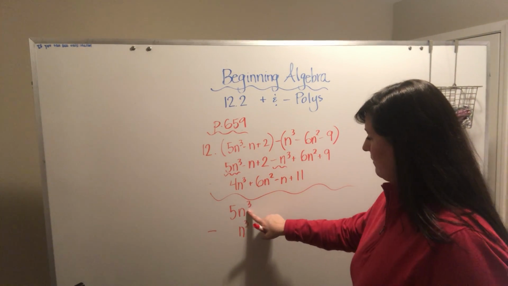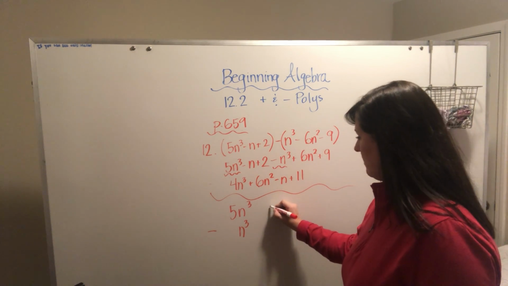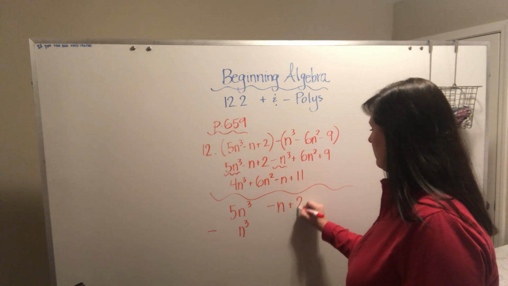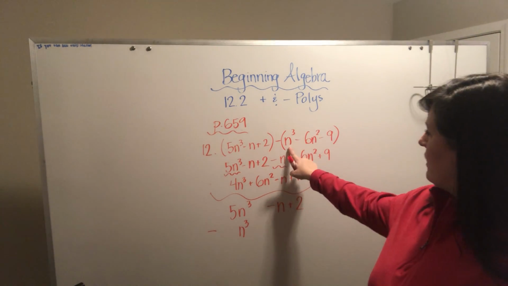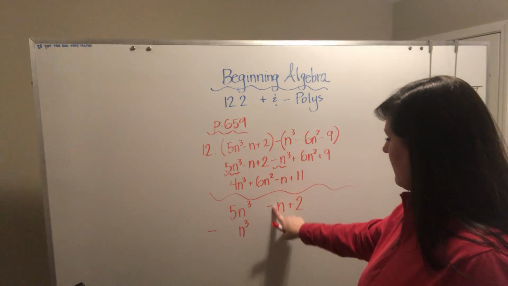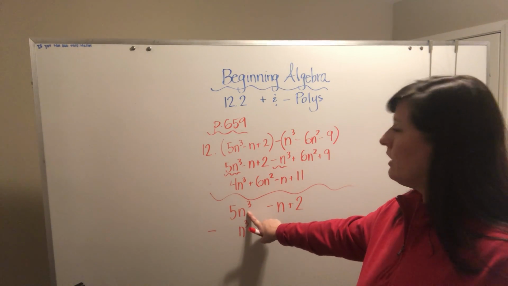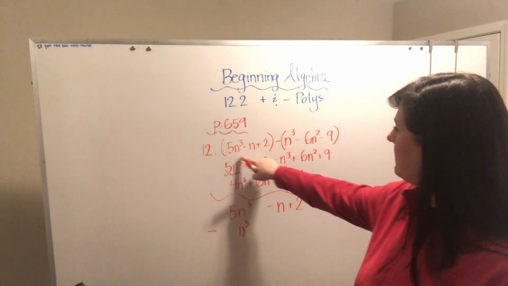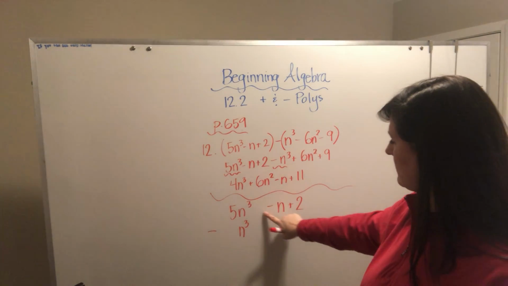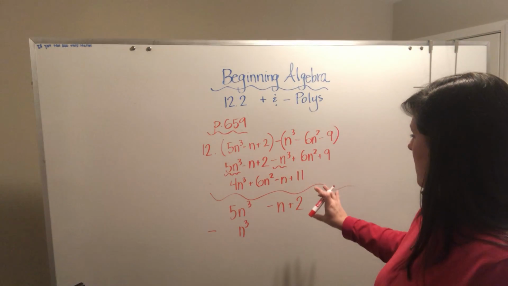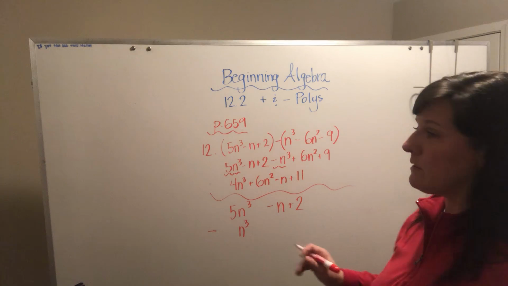I don't have an n squared, but I have minus n plus 2, okay? So again, hopefully you can see that. I left a space because I recognize, oh, I have cubed. In descending order, I would have n squared, but I don't have any in this term. So I'm going to leave a space, minus n, and then just my number at the end, my constant.